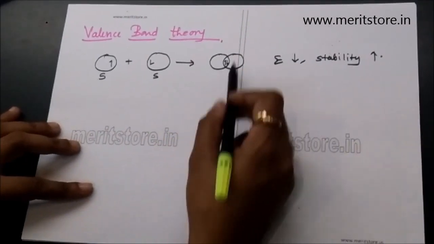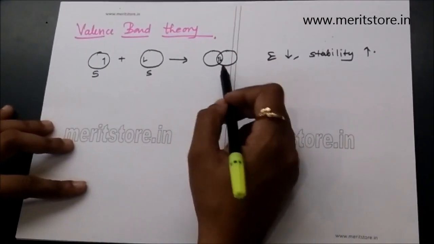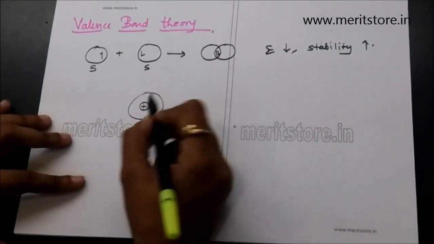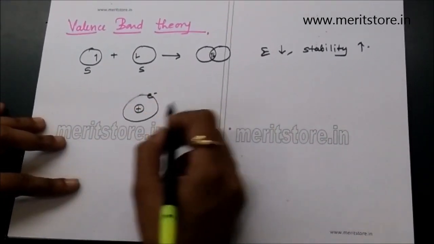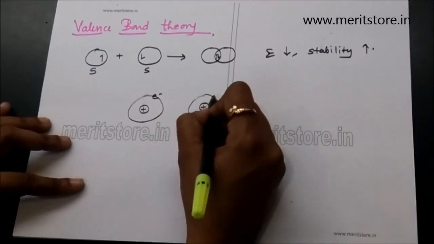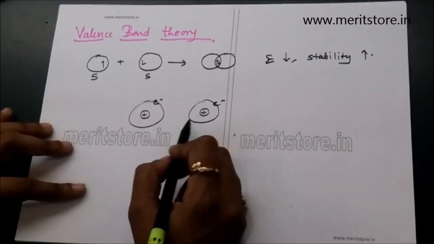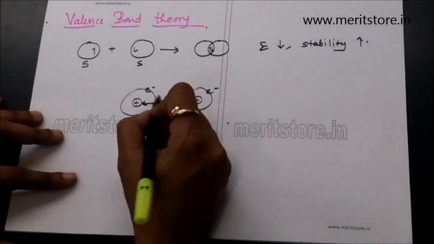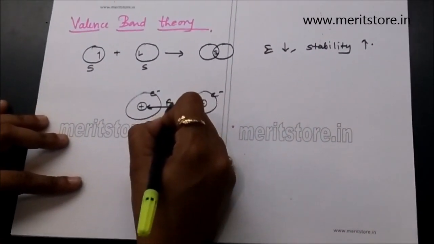But while taking into consideration the interaction between the atoms, when we talk about an atom, there is a positively charged nucleus surrounded by negatively charged electrons. When two atoms like this are approaching each other, there are some forces acting between the two. First of all, between the two positively charged nuclei, there is a force of repulsion.